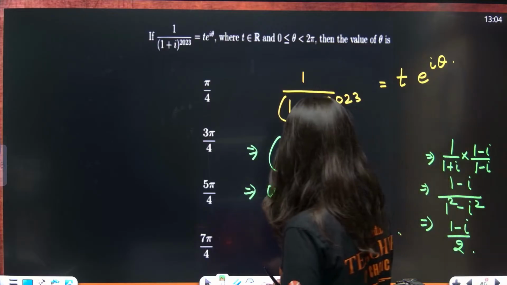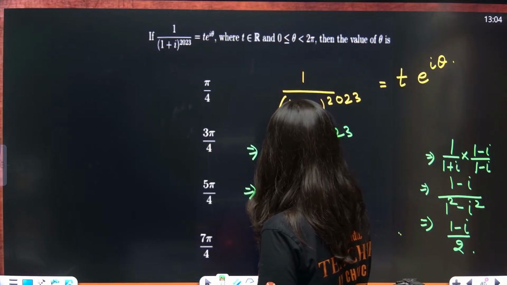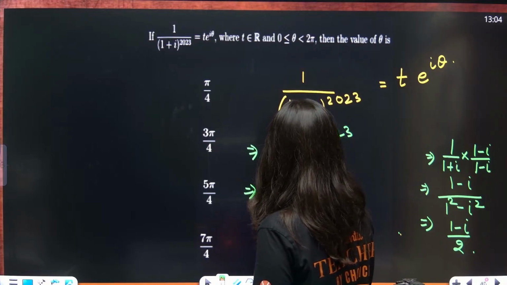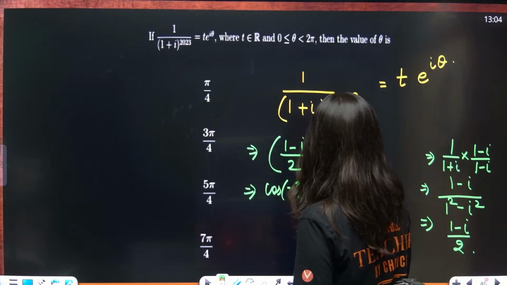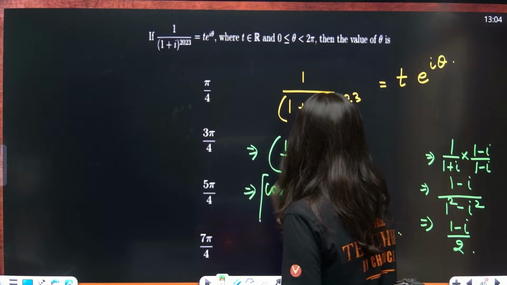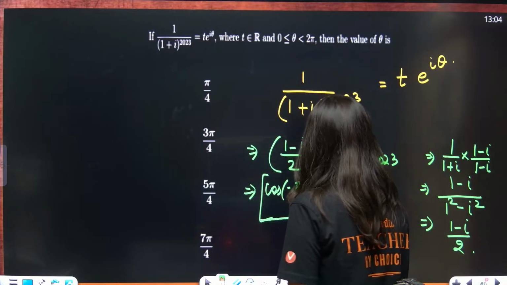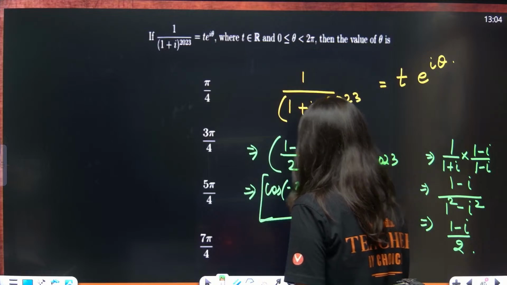Sorry. No, not like this. Pi by 4 actually. In fact, minus pi by 4. Cos minus pi by 4 plus iota sine minus pi by 4, power 2023 upon 2 power 2023. Everybody, yes?